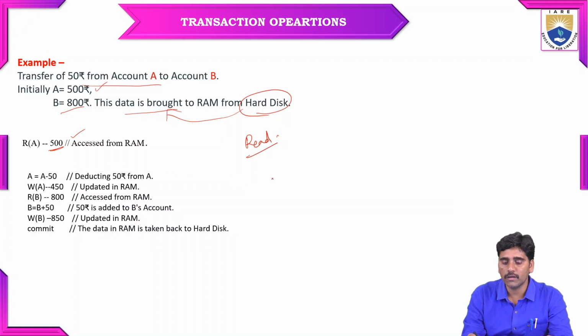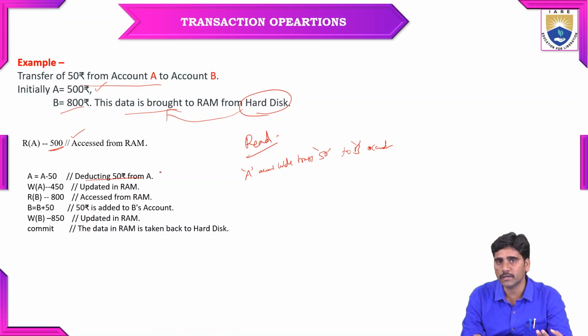Whenever the A account holder transfers 50 rupees to B account, it is automatically deducted from A account.